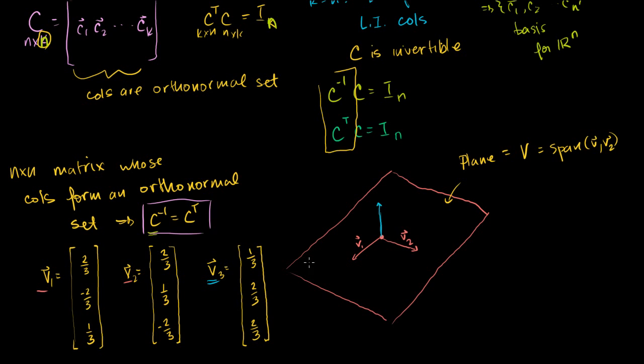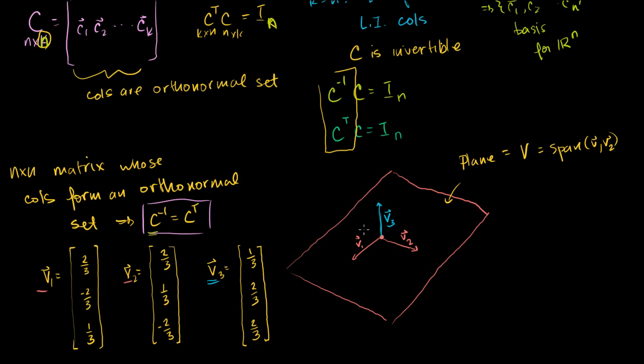So if you view the plane as V, then the line spanned by v3 would be the orthogonal complement of your plane. v3 would be a member of your orthogonal complement, or the orthogonal complement would be the line spanned by v3. That's all a little bit of review.